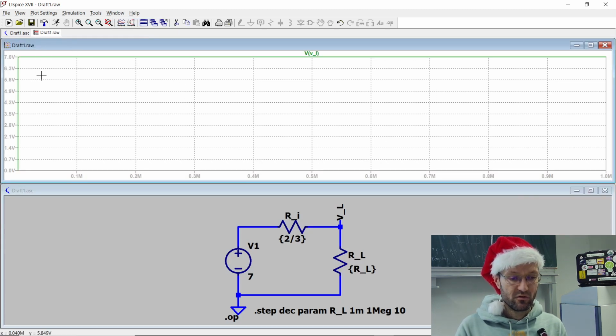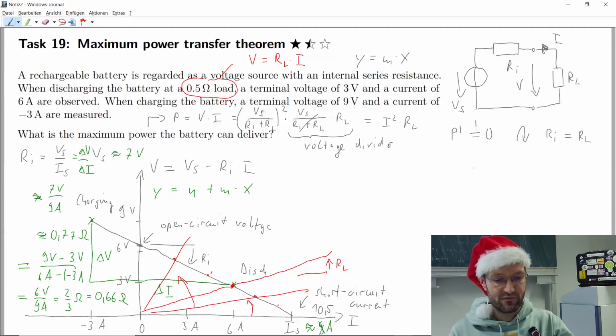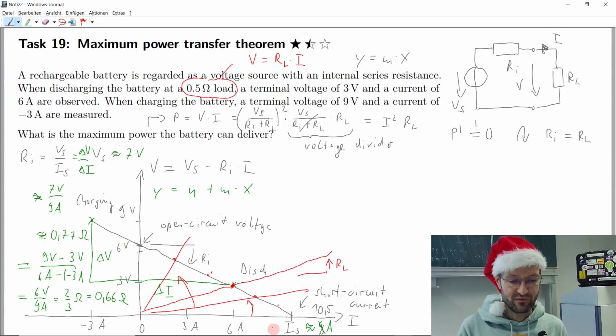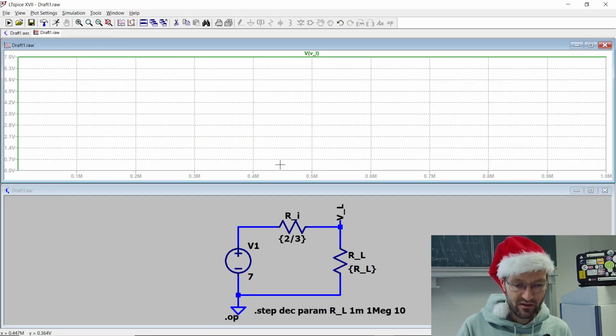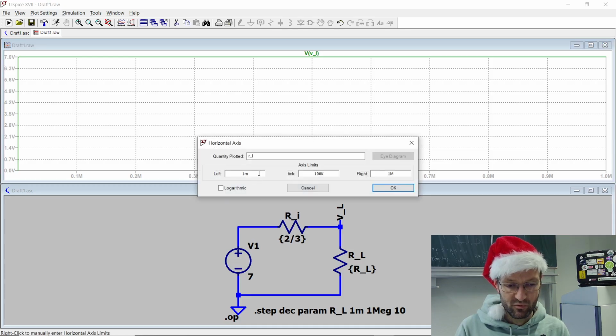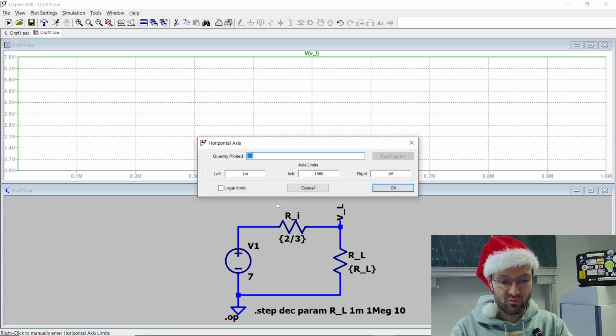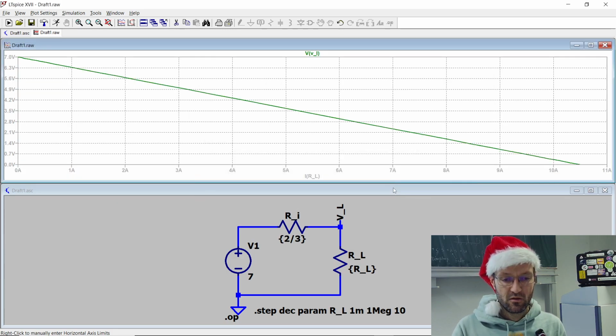Okay, so there's now a curve, the voltage at the terminal as a function of the resistance. I want to have the voltage as a function of current. So I need to click on this line here, maybe with the other mouse button, and say the plotted quantity should be the current through the load resistor. And there's our curve.